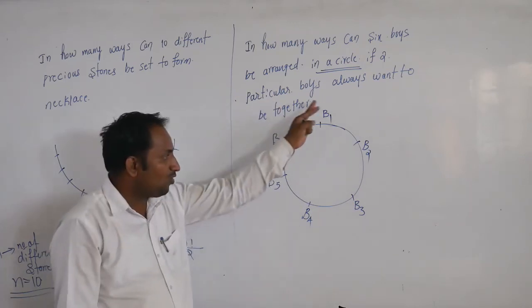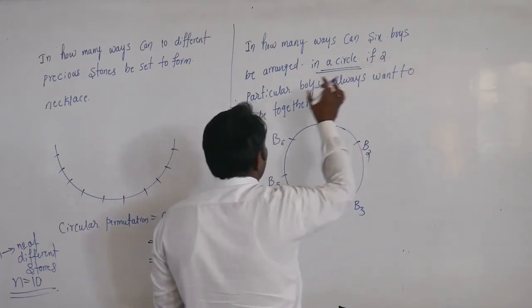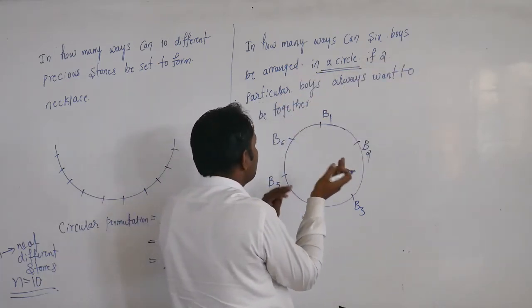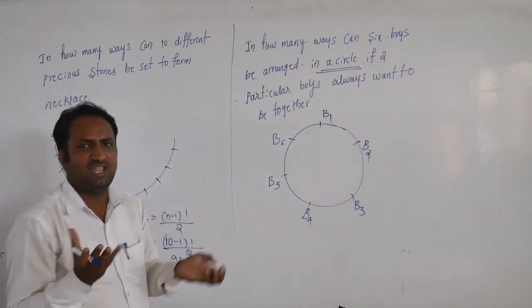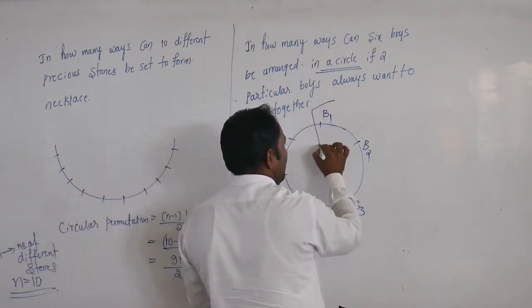Out of these 6 boys, 2 particular boys always want to be together. We can choose B1 and B2.